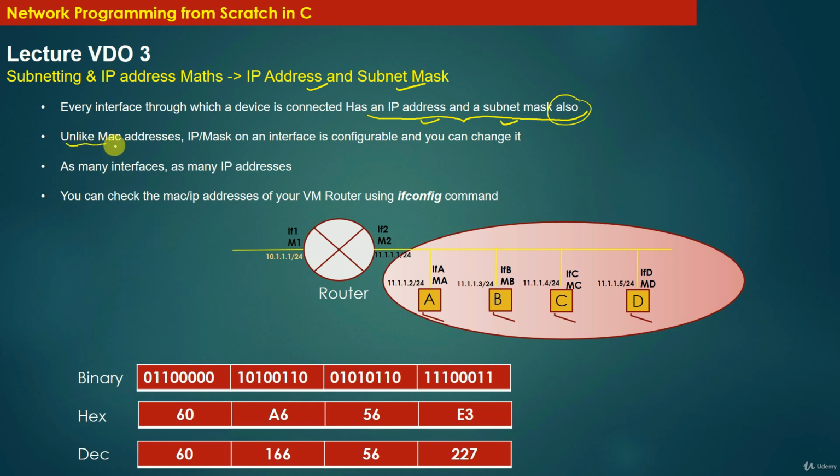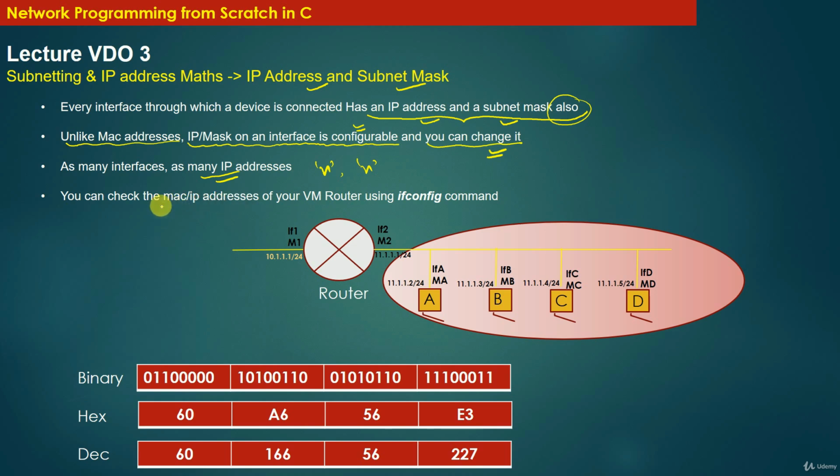But unlike MAC addresses, the IP address and mask configured on the interface are configurable and you can change them as per your wish. For each interface, you have to configure an IP address and mask value. So if a device has an interface, then you can configure an IP address also.